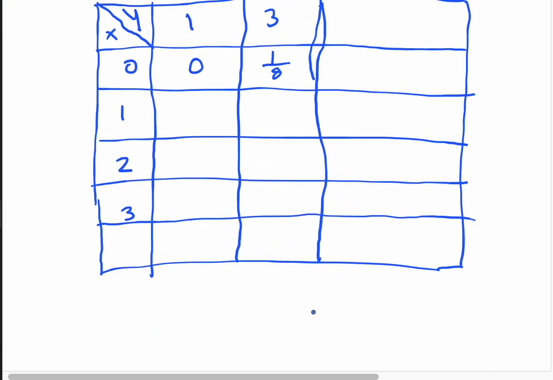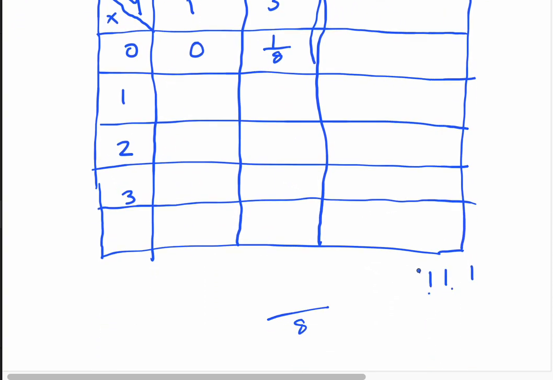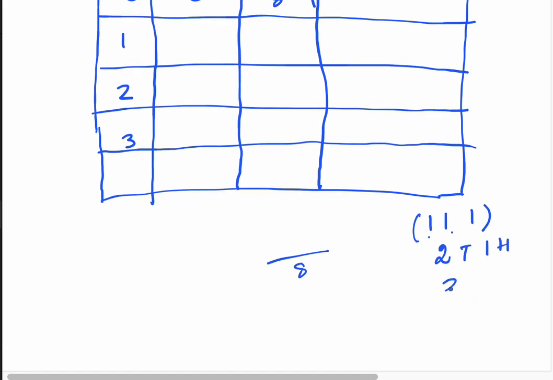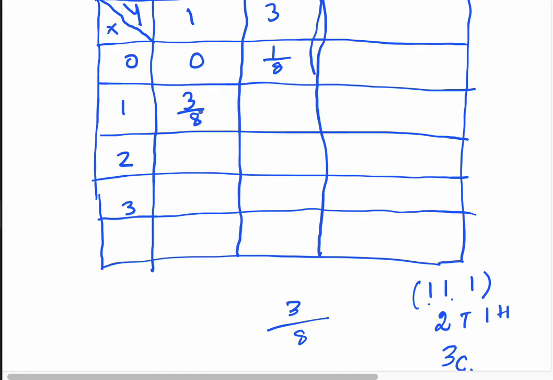Out of 8, we already know the difference is 1, so out of these 3, 2 are tails and 1 is head. How many ways can I arrange this? It is 3C1. So the probability will be 3C1 by 8, which is 3 by 8.